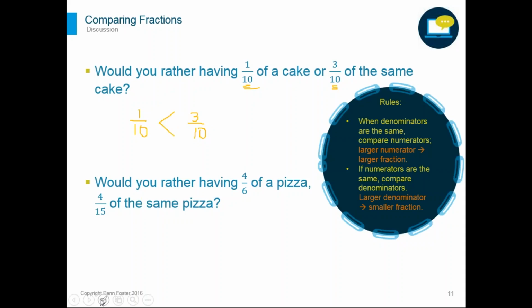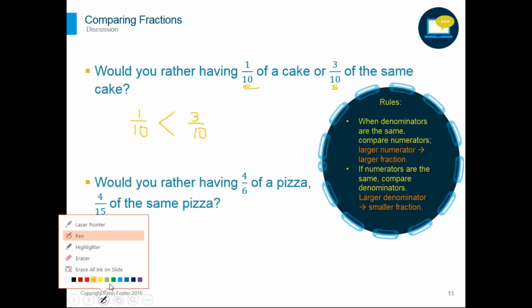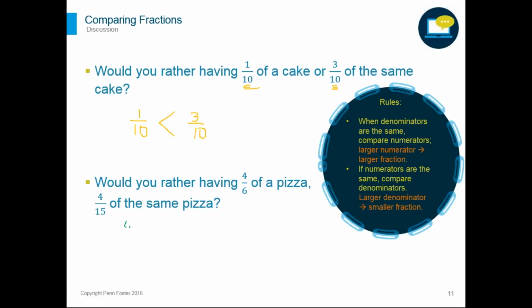Let's write these down beside each other and then see what we have. 4/6 or 4/15. These two fractions do not have the same denominators, but they have the same numerators. I need to use that. There is a rule for this kind of comparison.